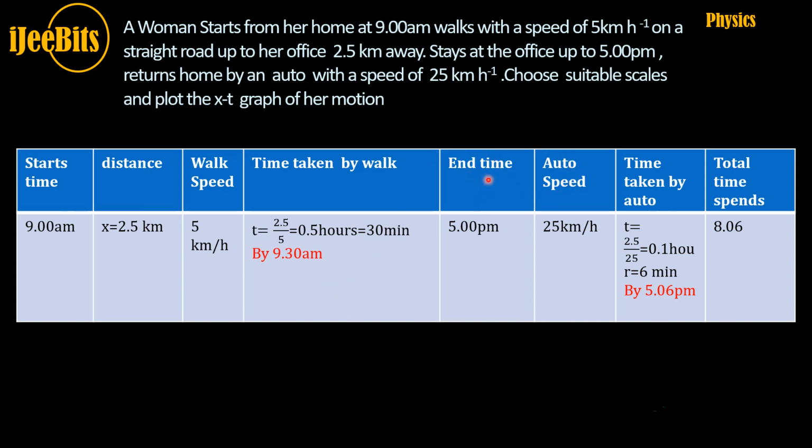In the office, and then she takes auto to come home, and the time taken by auto to reach home is, the auto speed is 25 km per hour, the distance is 2.5 kilometers, distance by speed, with which we get 0.1 hour, which is nothing but 6 minutes.